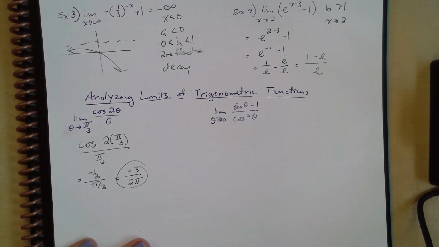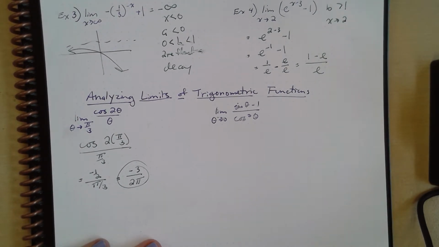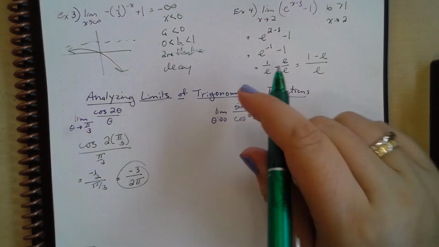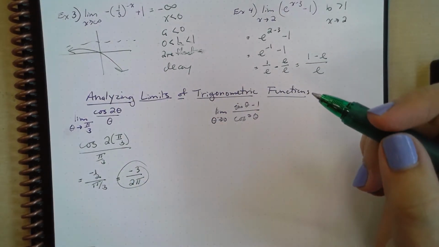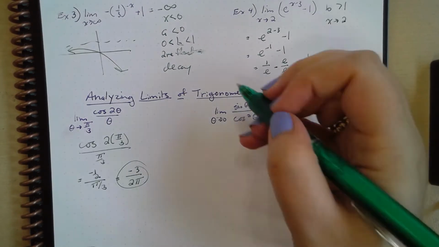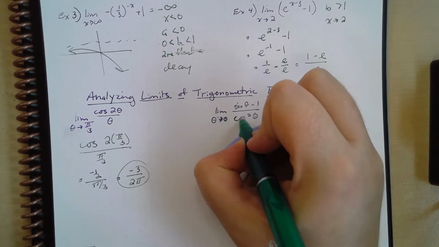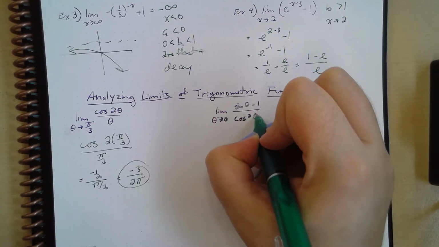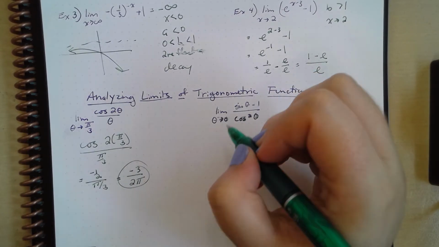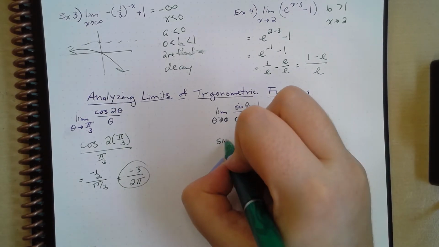What about here? We've got our limit of sine of theta minus 1 over cosine squared of theta. And it's hard to see here, but this is going towards 0. Looks like I smudged it earlier when I wrote this. So let's just do some direct substitution. This is going to be the sine of 0.